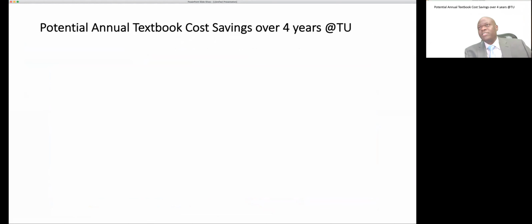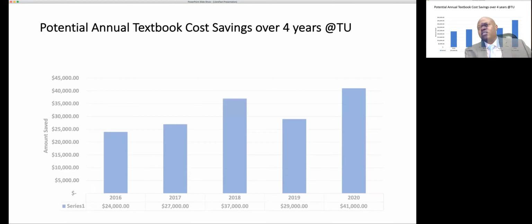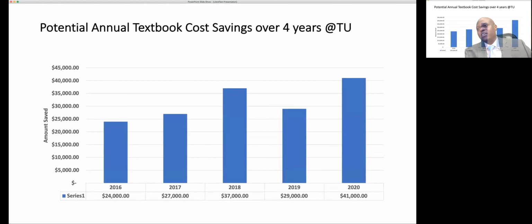And for my classes, beginning 2016, over the course of 4 years, this is an estimate of the potential cumulative savings per year. The calculation is based on the average cost of a physics textbook, which is $200, multiplied by the number of students taught in my algebra and calculus-based physics courses from 2016 to 2020.